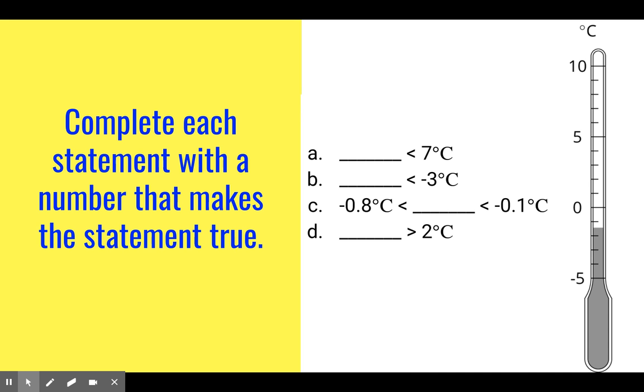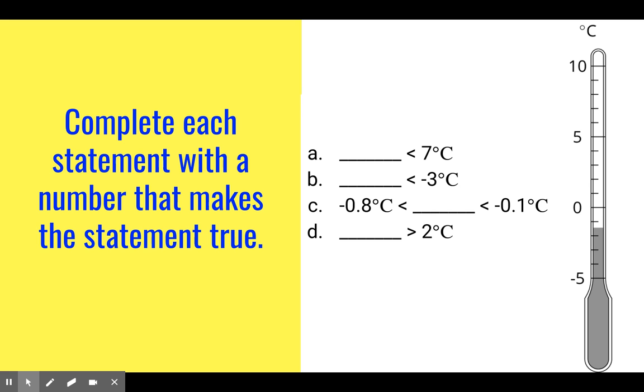It says complete each statement with a number that makes the statement true. We'll give you about 30 seconds and you can choose any numbers that will make any of these statements true. For instance, for part A, we want to choose any number that's going to be less than 7 degrees Celsius. You can use the thermometer on the right-hand side as a guide.